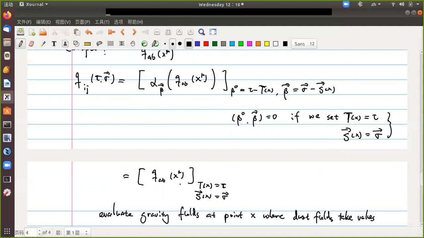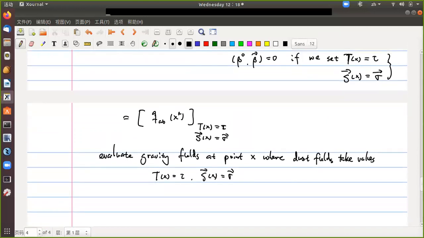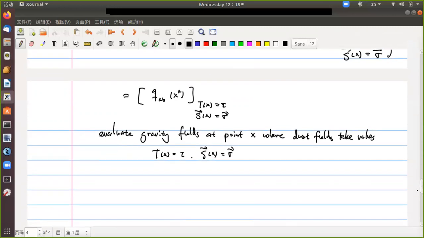And this dust field gives you a specific coordinate, and you always evaluate your field q in this dust reference frame. Because this is a dust field, it is physical, it is a material frame, it doesn't change under coordinate transformation, because it's just a matter field coupled to gravity.